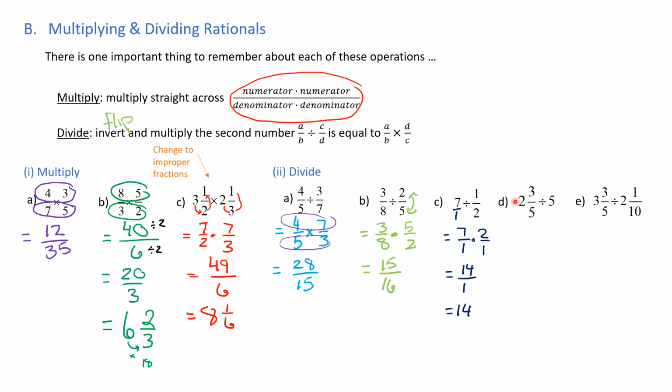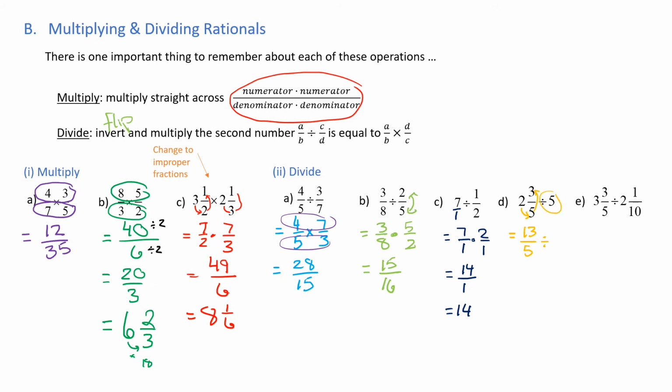Next one, we're starting off again with a mixed number. We're going to have to change it to an improper fraction here. So let's see if you can see this color all right. Yep. So I do 2 times 5, that's 10, add on 3, 10 plus 3, 13, and my denominator is 5, divided by, what am I dividing by? I'm going to leave it division for a second here.